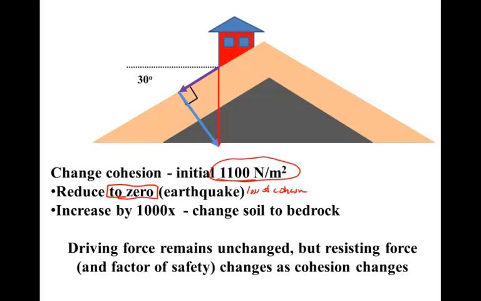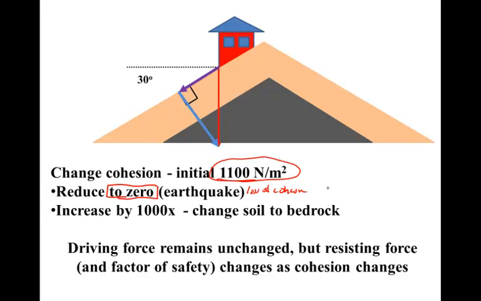Well, driving forces remain the same. Our resisting forces remain 56,014. We're no longer adding 1100 newtons per square meter. So our total resisting forces are 56,014 newtons per square meter divided by our driving force. Again, we calculated before, 32,340.